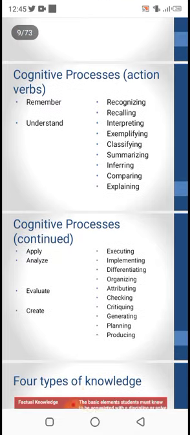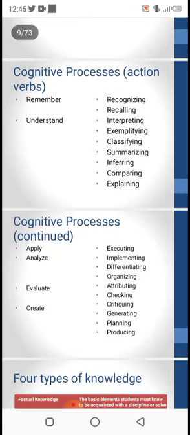And here we have the action verbs we use when testing or evaluating application and analysis: executing, implementing, differentiating, organizing, attributing, checking, critiquing, generating, planning, and producing.